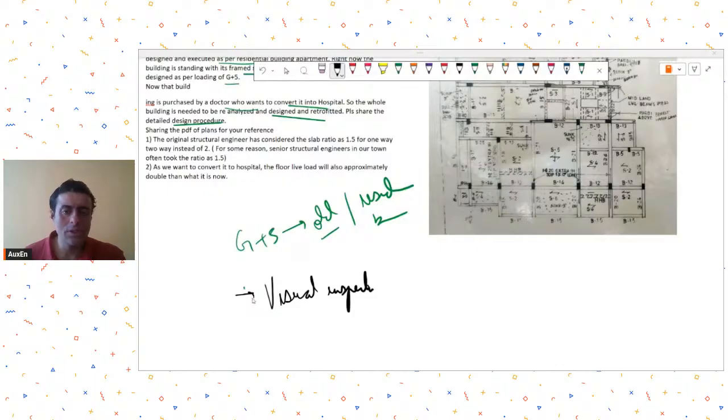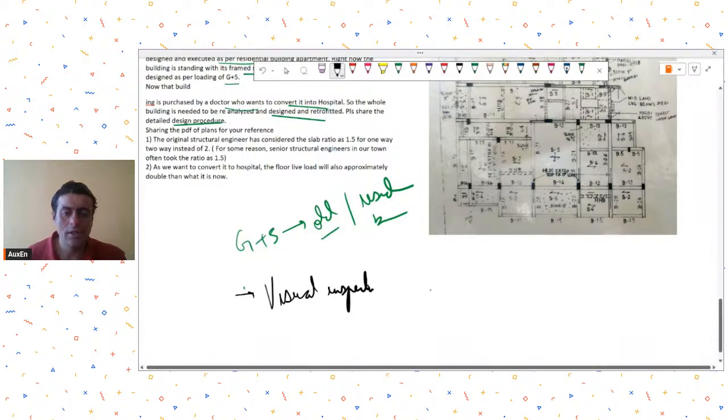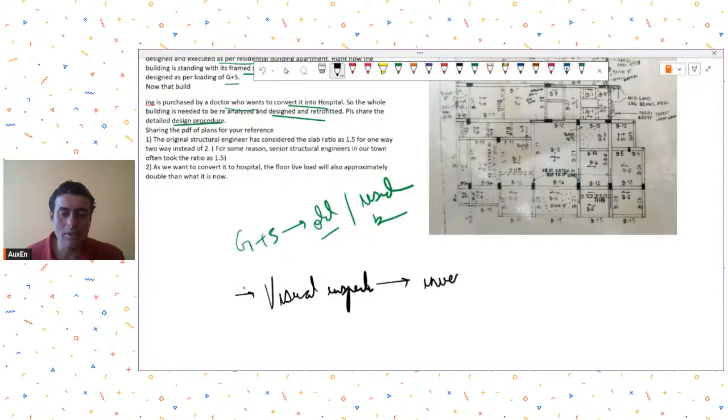You try to see what the condition of the existing structure is, and investigate that by visual inspection. It can be called a condition assessment survey.